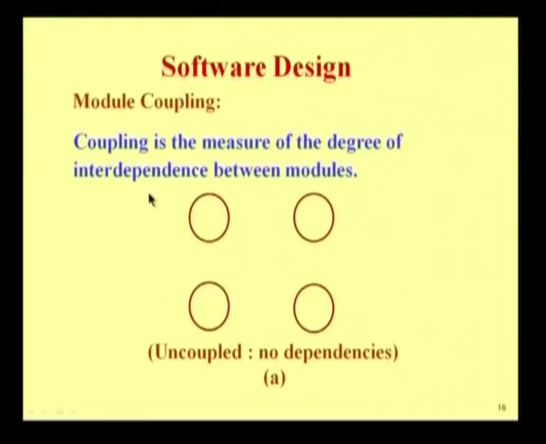Now we will look at the module in depth. Here I will define two different terms: one is called coupling, the other is called cohesion. I will start with cohesion. Let us compare it with a brick. Consider a brick. This brick is evaluated in terms of its strength.